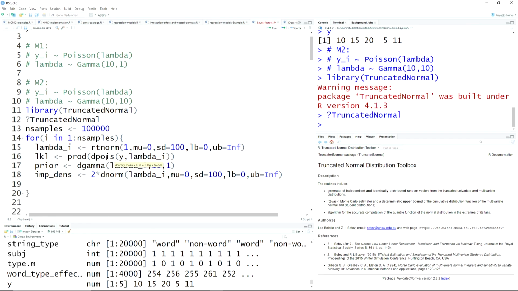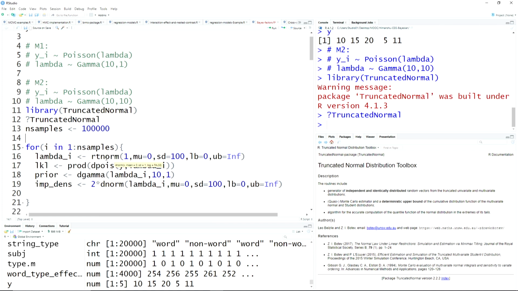We have got likelihood, prior, importance density. Now I can basically store some term, let us call it weighted likelihoods.